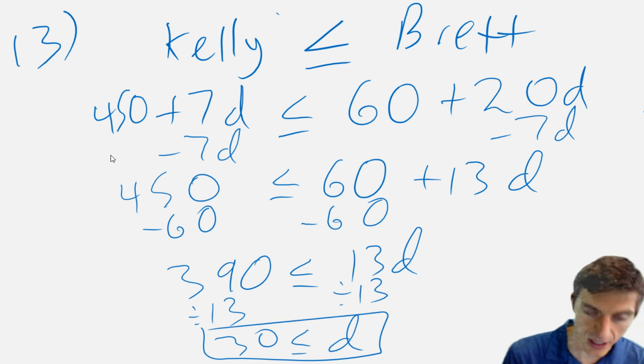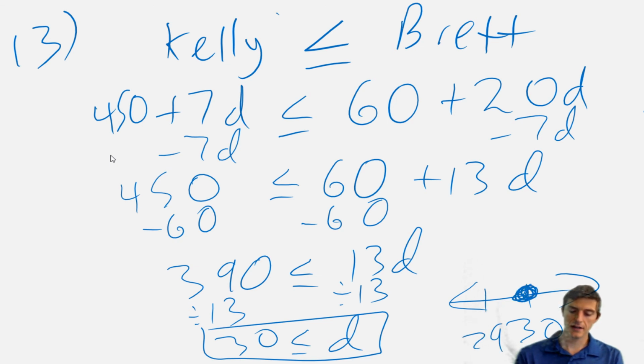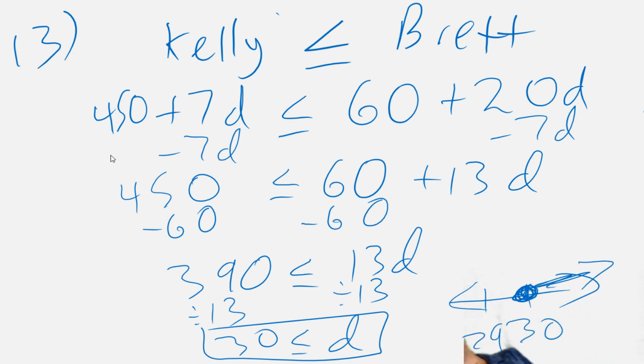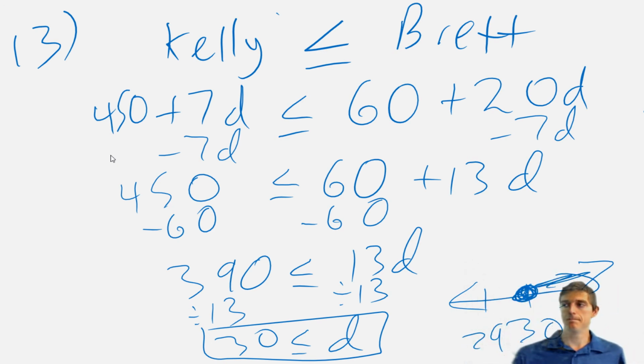So from day 30 on. If I was writing a number line, I'd put 30 right there, 29, etc. It'd be a closed circle at 30, and days are bigger than 30, so I'm looking for every day 30 and up. Basically, like that. So that's what you need to know about inequalities.